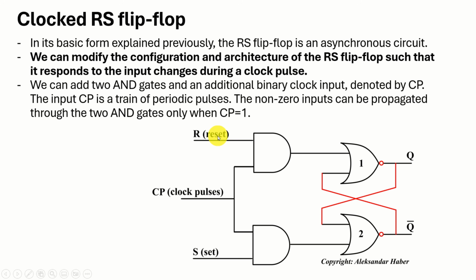This is mainly because the output of the AND gate is equal to 1 only when both inputs are equal to 1. And the clock enables us to control when we can actually change the inputs and outputs. And this is a very important technique that leads to better stability of the general circuit.